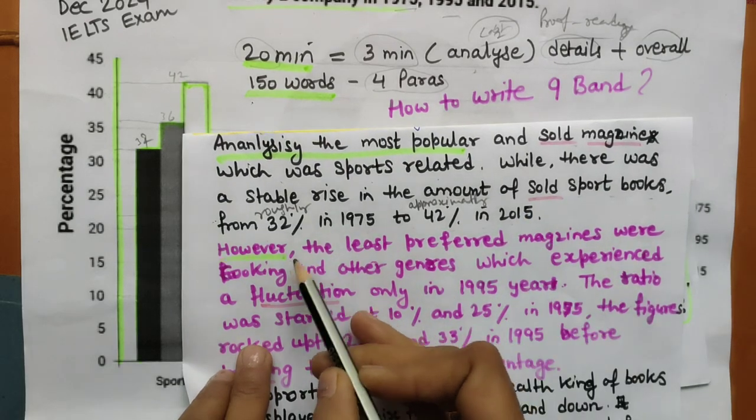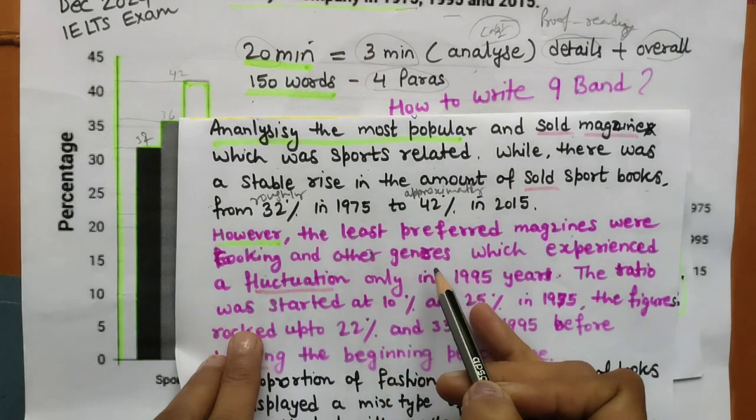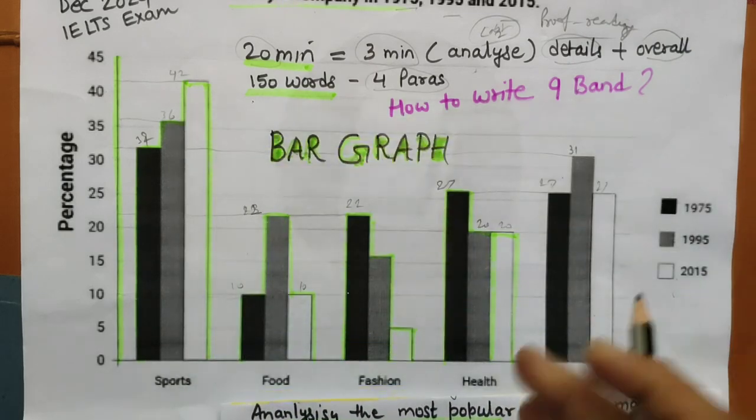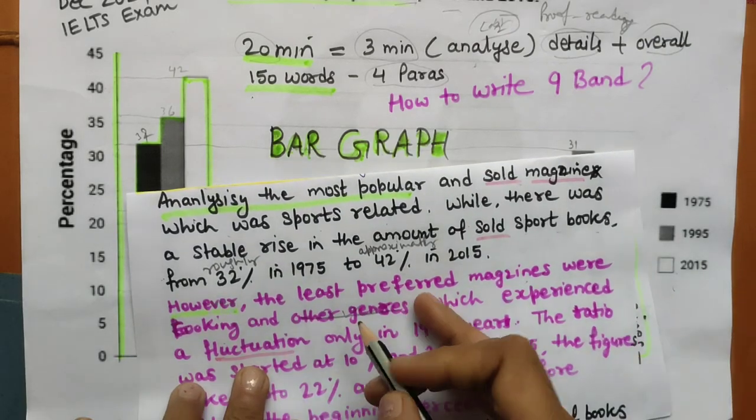See this, how I have made a mistake: it is roughly 32%. Now next, however, the least preferred magazines were cooking and other genres. So yes, it is correct, other genres.